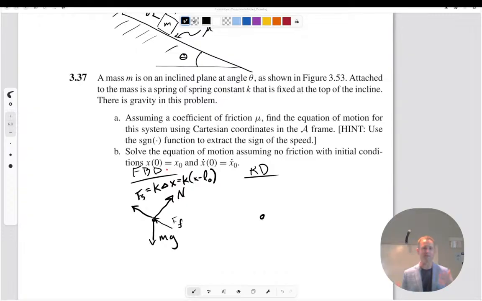If you're moving, you get one value. All right, so what are we going to do with that one? Because it's attached to a spring, the spring is definitely going to bounce up and down. Sooner or later, friction will stop us, but at least to start, it's going to keep moving us.